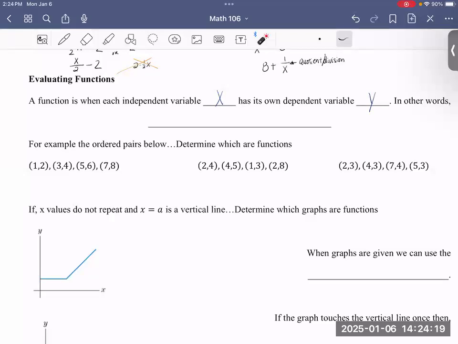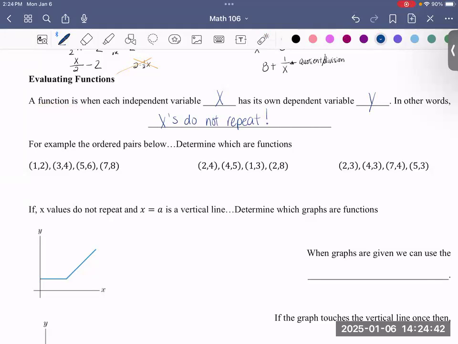A function is when each independent variable x has its own dependent variable y. Not the worst sentence in the world. They do get wordy when defining what a function is. What they're talking about is that x's do not repeat. Okay, do not repeat your x.